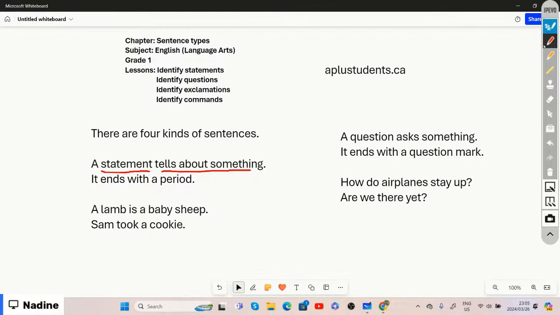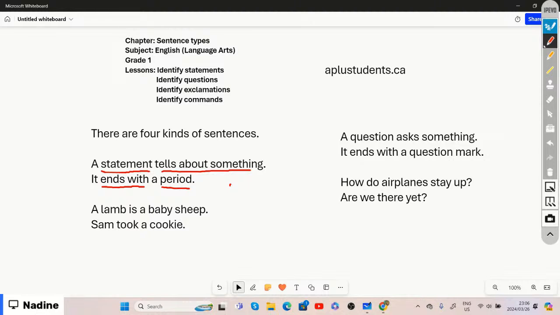You can tell somebody about your day, what you're doing now, how many siblings you have, or the names of your parents. That is just a statement that you're making. A statement ends with a period, a dot at the end of the sentence.